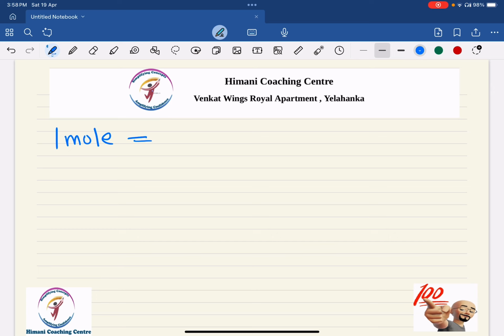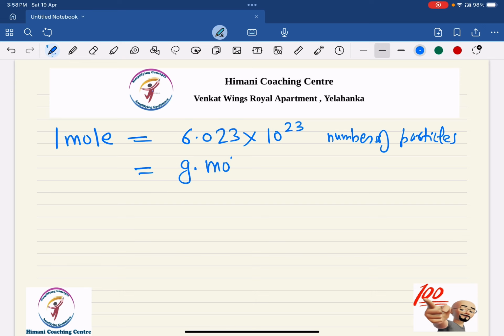Okay. Now we will see what 1 mole is equal to. In terms of number, I will say 1 mole equals 6.023 into 10 to the power 23 number of particles. These particles can be anything: atom, molecule, or ion. In terms of weight, 1 mole is equal to gram molecular weight or gram atomic weight.